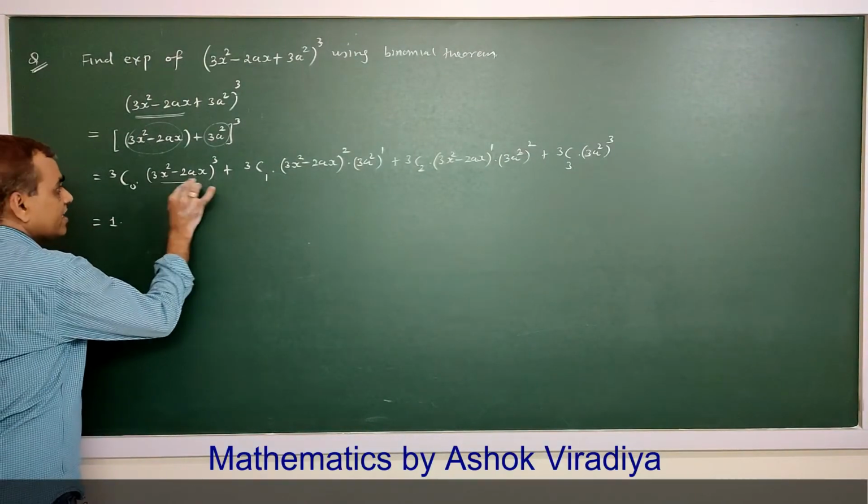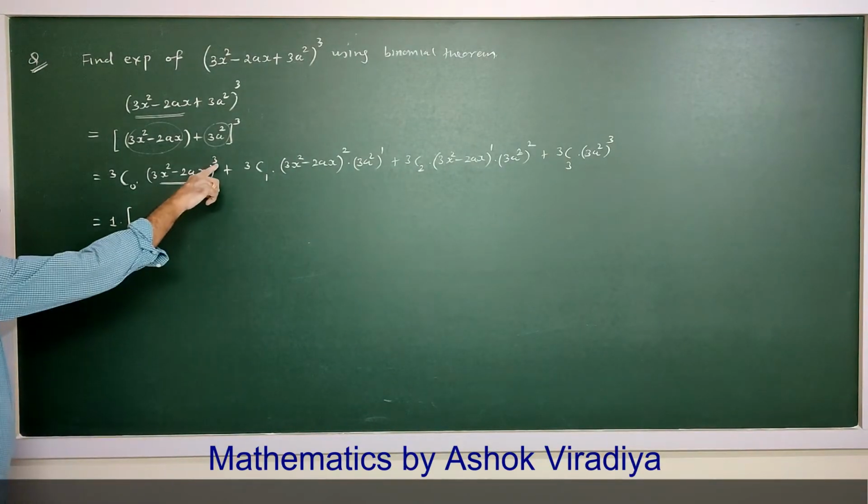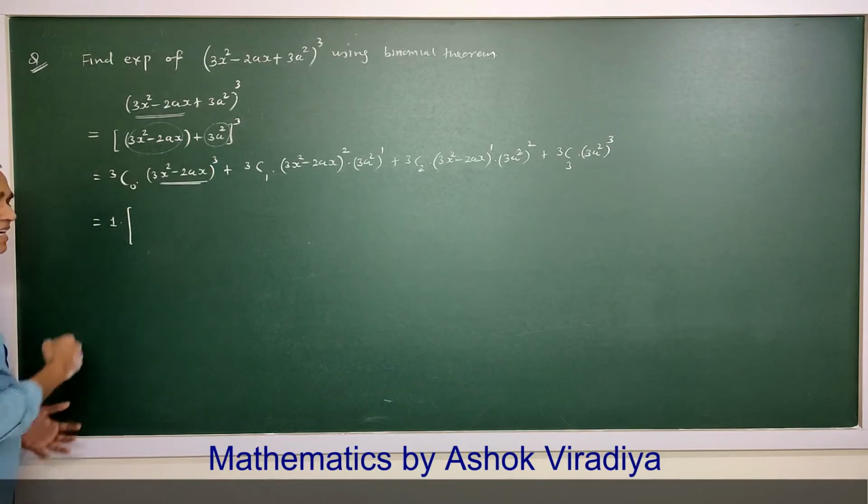Now once again here we apply the binomial theorem. Here the power is 3, n is 3, like (x minus y) raised to n.